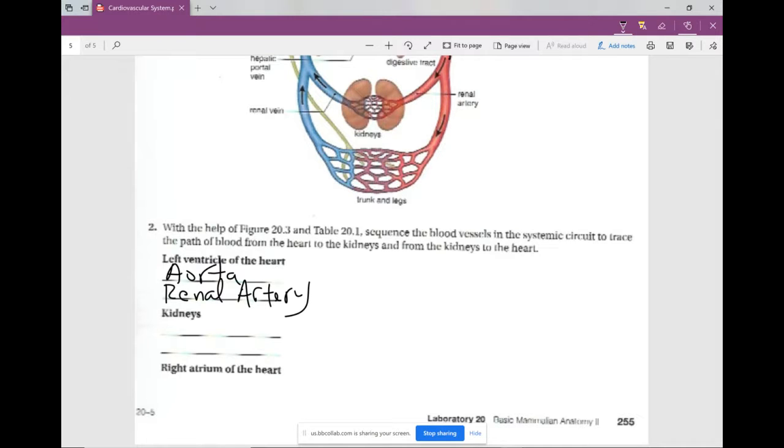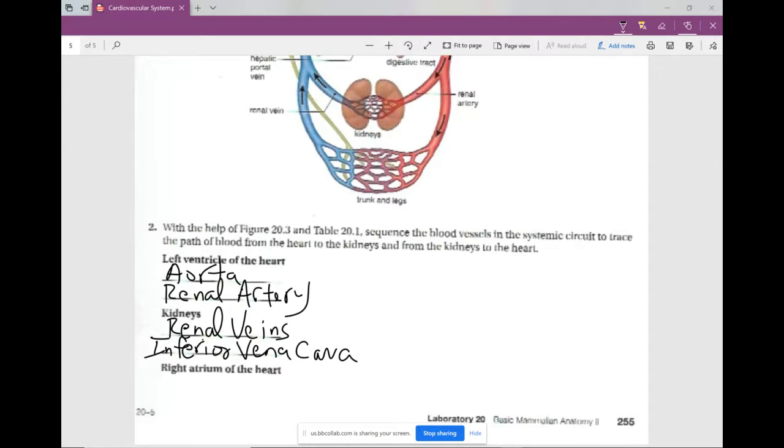From the kidneys, the blood leaves through the renal veins, and then the renal veins join the, you can say posterior or inferior, call it inferior vena cava.